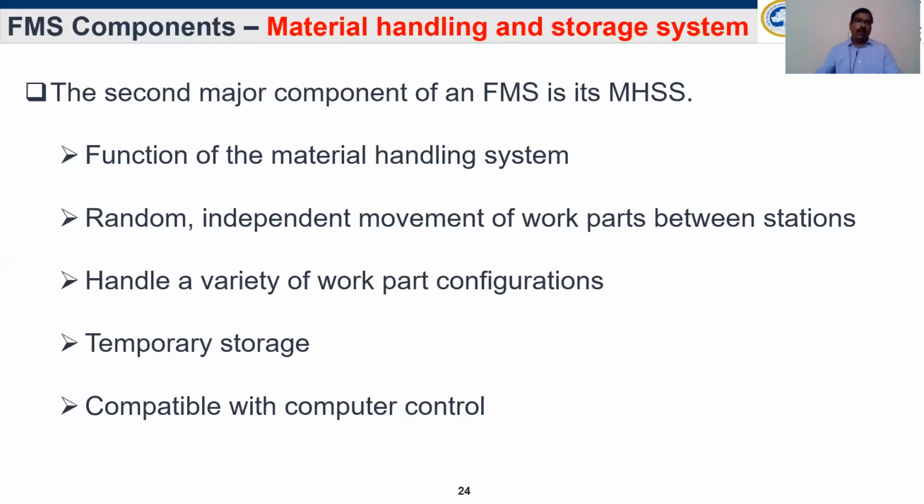One function of the material handling system is to handle the components between machines or between processing machines, like the CMM machine, and our storage system. Between those, the handling system should carry the parts, maybe by conveyor or pick and place robot. Then, random independent movement of parts between stations.